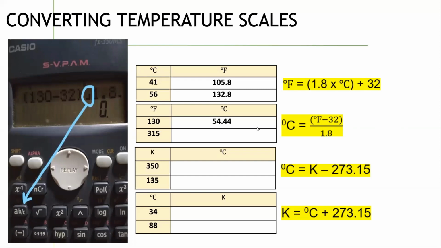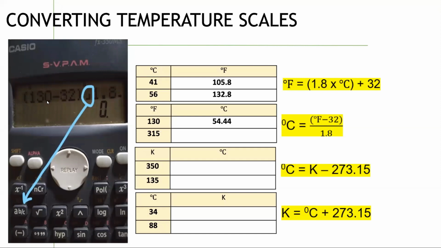Others got confused about how to input it in the calculator. It's simple. This is how you input it: parenthesis, 130 minus 32, then the line between numerator and denominator. You have to put parenthesis so that the 130 and the 32 serve as the numerator and are all placed on top.